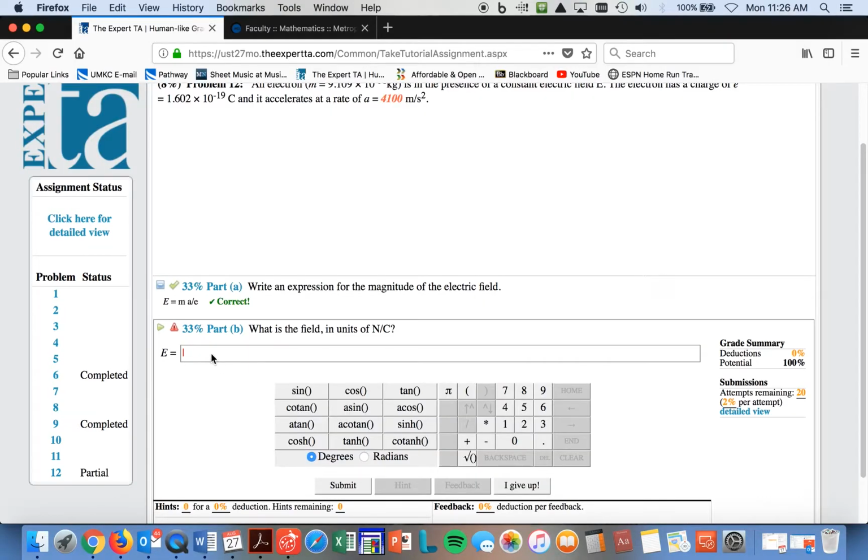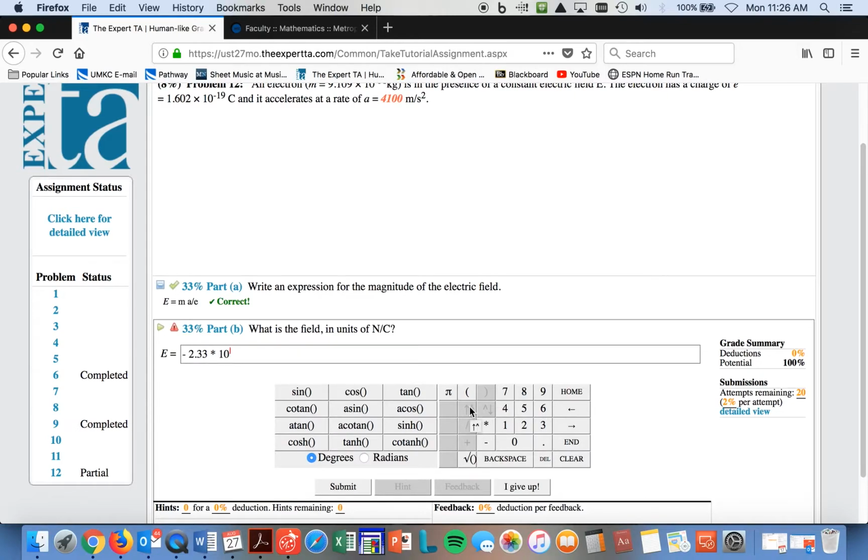So I'm going to say it's negative 2.33 times 10 to the negative 8 newtons per coulomb.